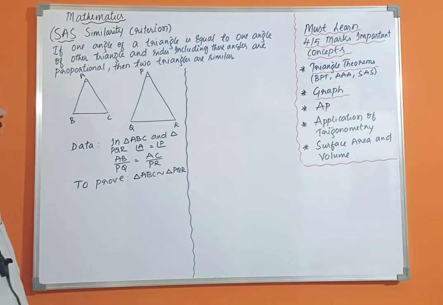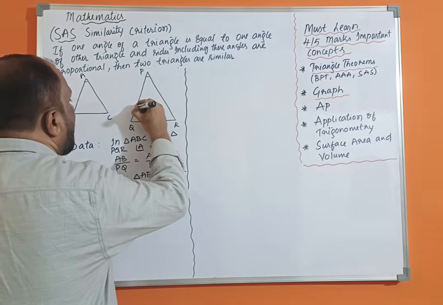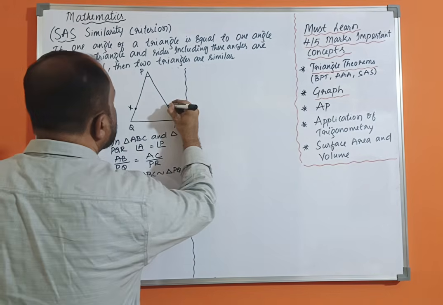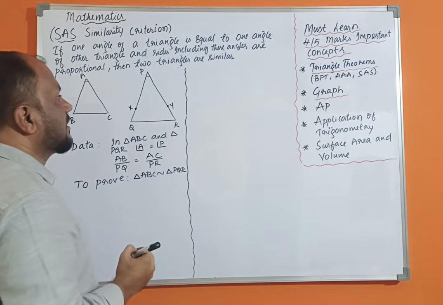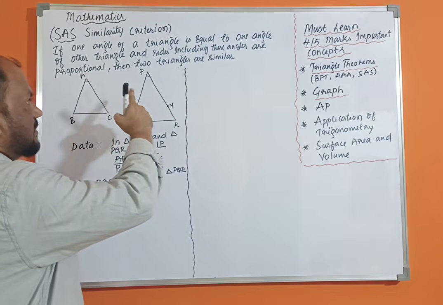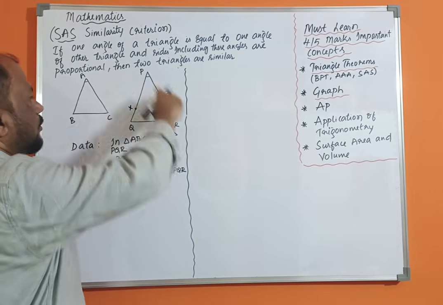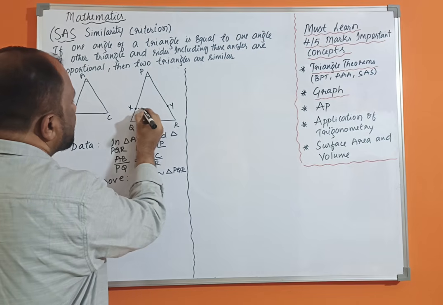So we need to do a small construction. We have to mark X on PQ and Y on PR such that AB is equal to PX and AC is equal to PY. And now join XY.